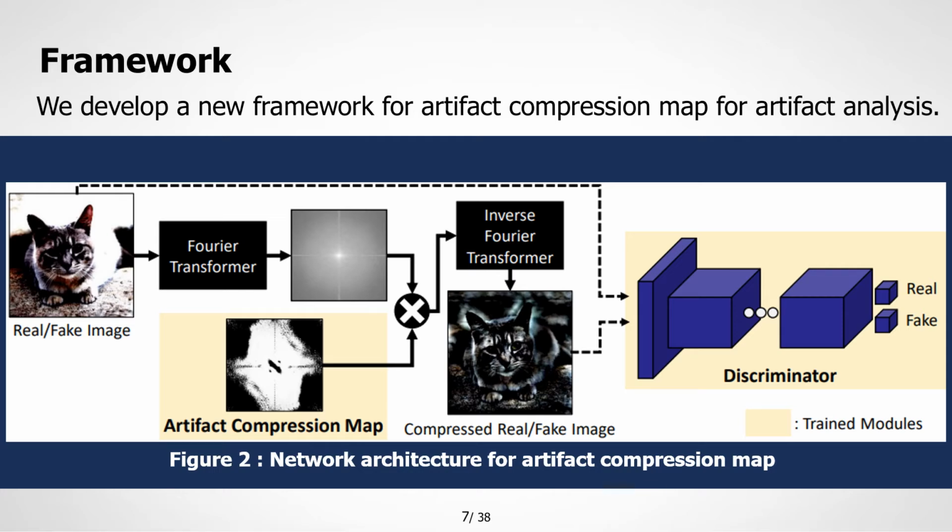Then, the bilateral high-pass filters are applied to the map from the pixel level to frequency level consecutively to use the map as the input of the deep neural network to distinguish between the real and fake images. The results show that the artifact compression maps are concentrated in the high-frequency components.